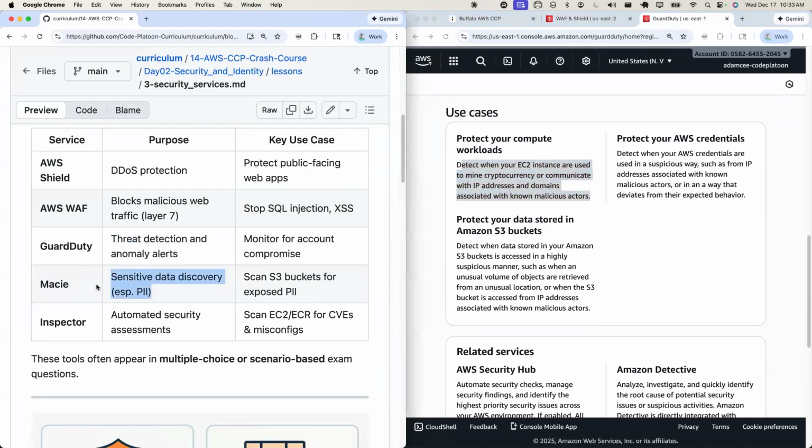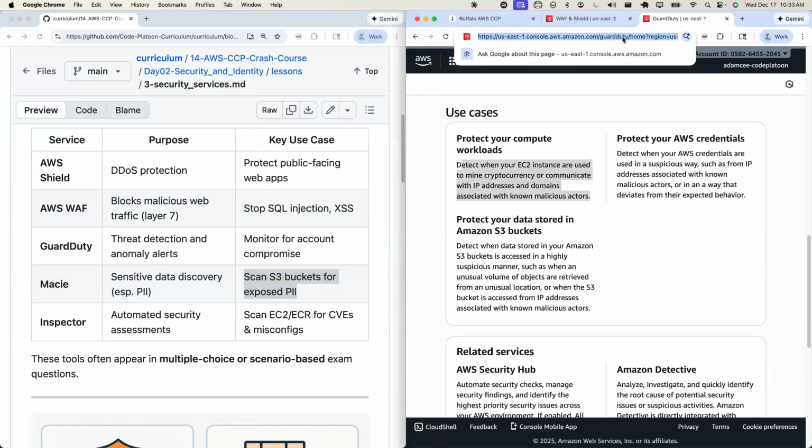So Macie, sensitive data discovery, like personal identifying information. If I screw up and put a whole bunch of people's credit card information and social security numbers in an S3 bucket as files, the job of Macie is to help find that.